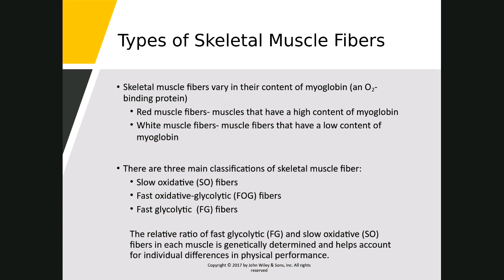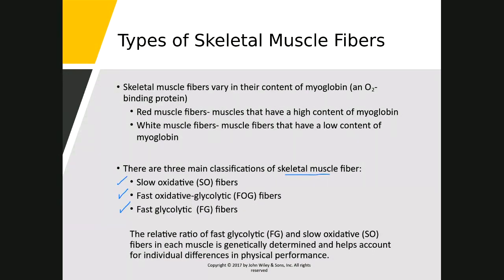So let's move on to the types of skeletal muscle fibers. There are three types of skeletal muscle fibers: slow oxidative, fast oxidative, and fast glycolytic fibers. Most skeletal muscles vary in how much of these fibers exist.